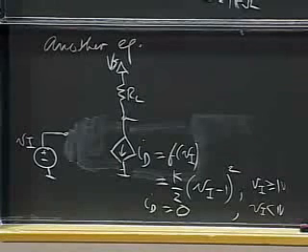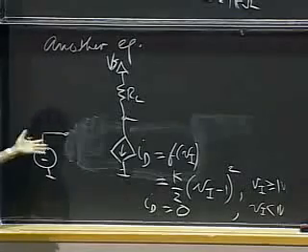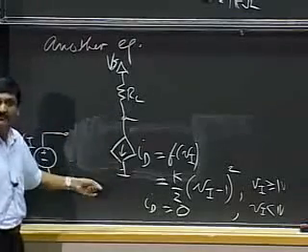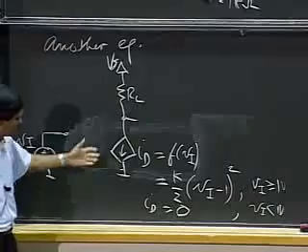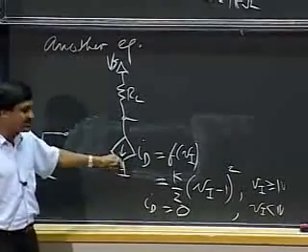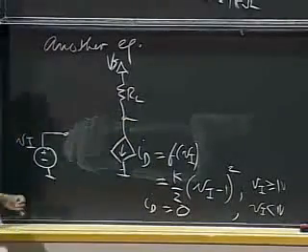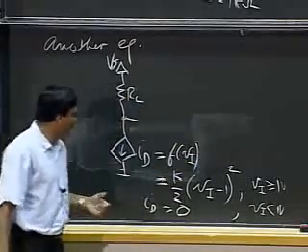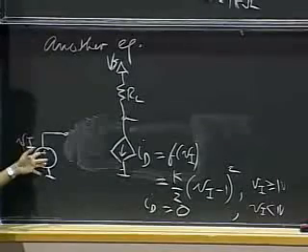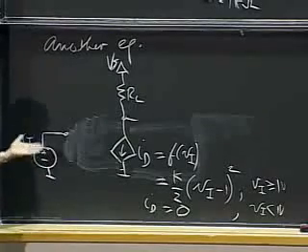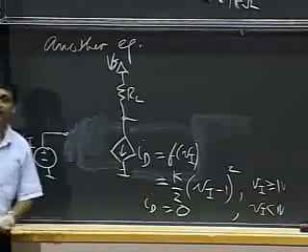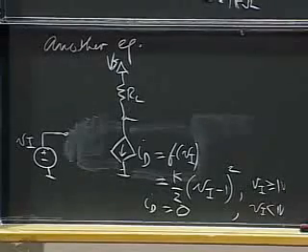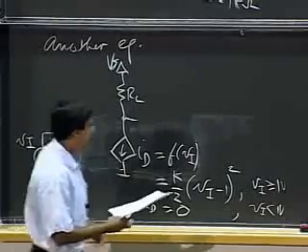Okay, but it's a dependent source, and it can have various forms of dependencies on the input. And I just picked an example of some hypothetical, or as yet hypothetical dependent source, the current through which is related to the input using a square law relation, Vi minus 1 whole squared, as long as Vi is greater than 1. And if Vi is less than 1, then the current is simply 0. It shuts off. Okay?